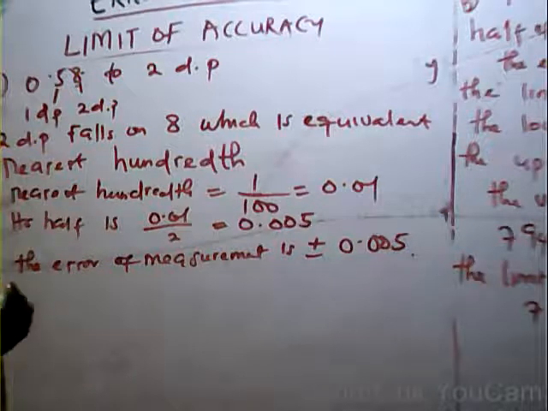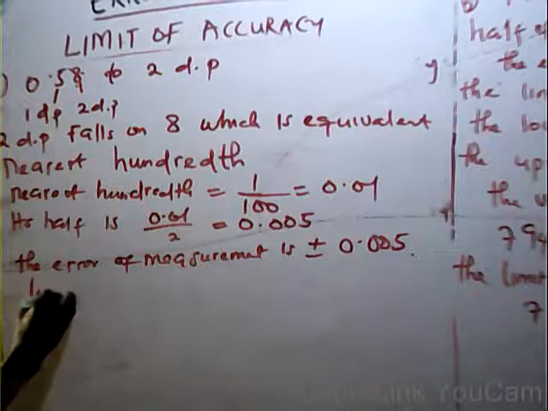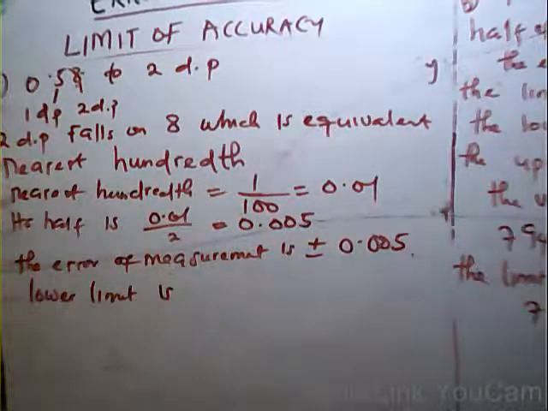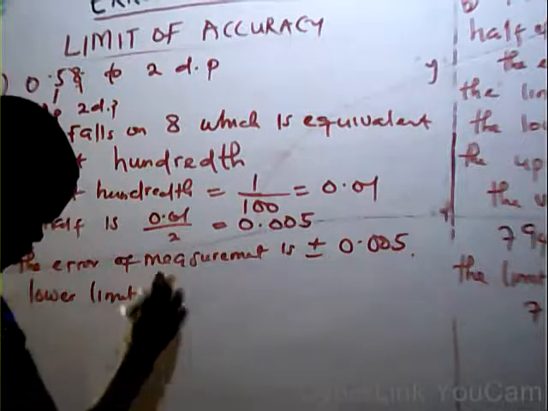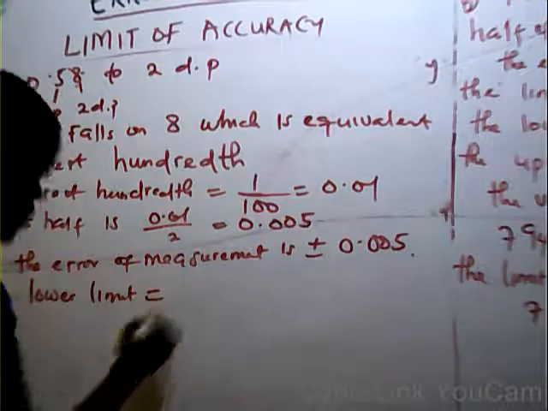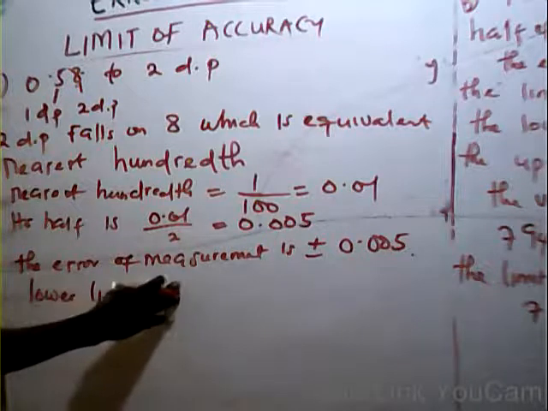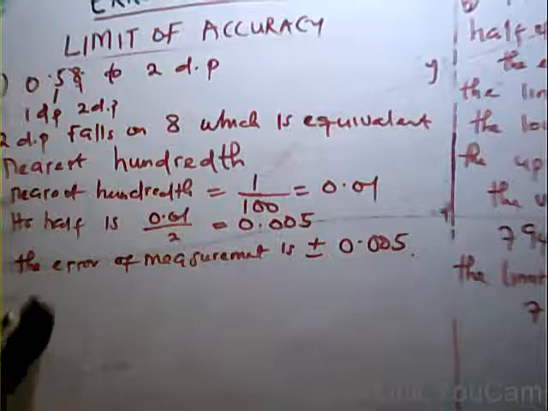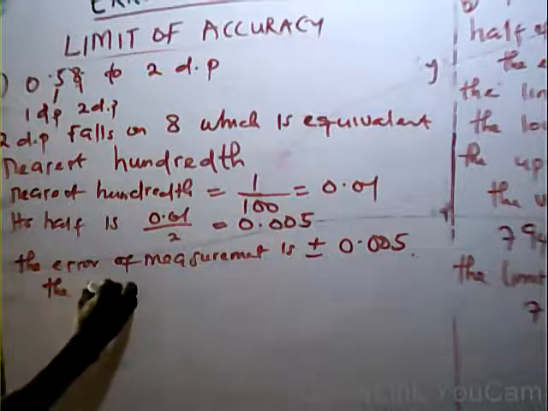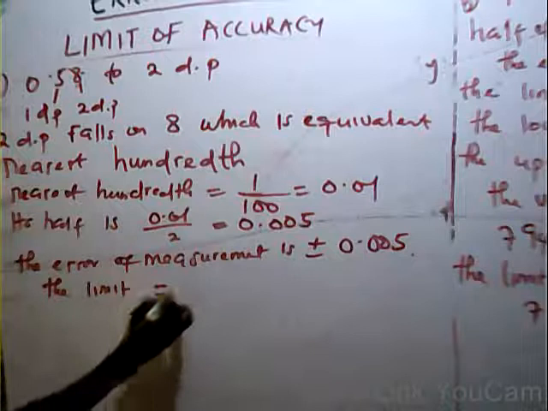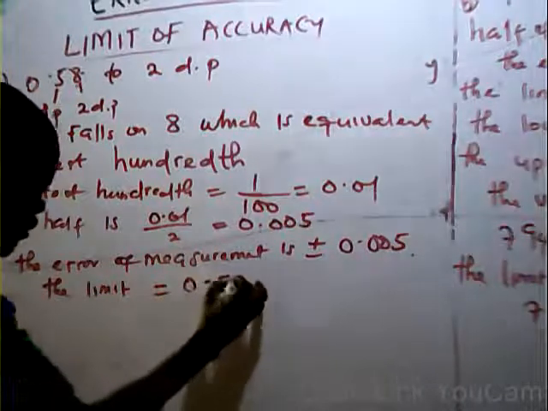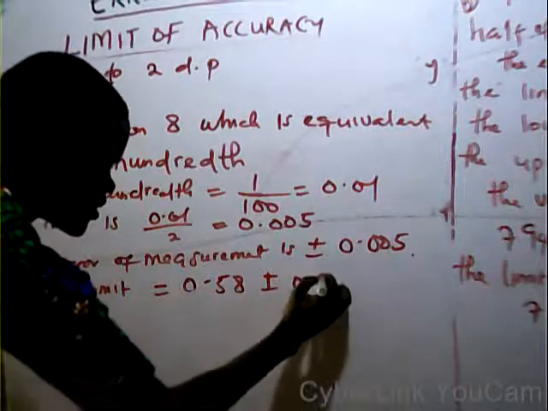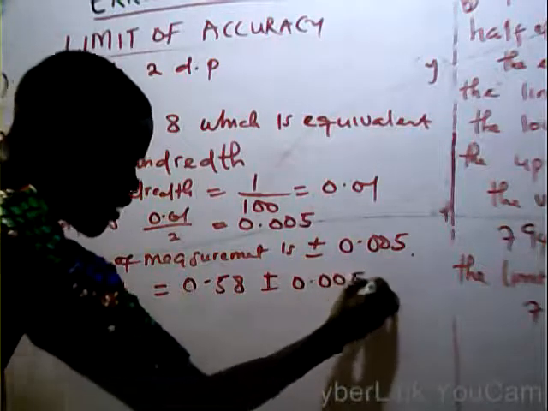So which means our limit equals 0.58 plus or minus 0.005.